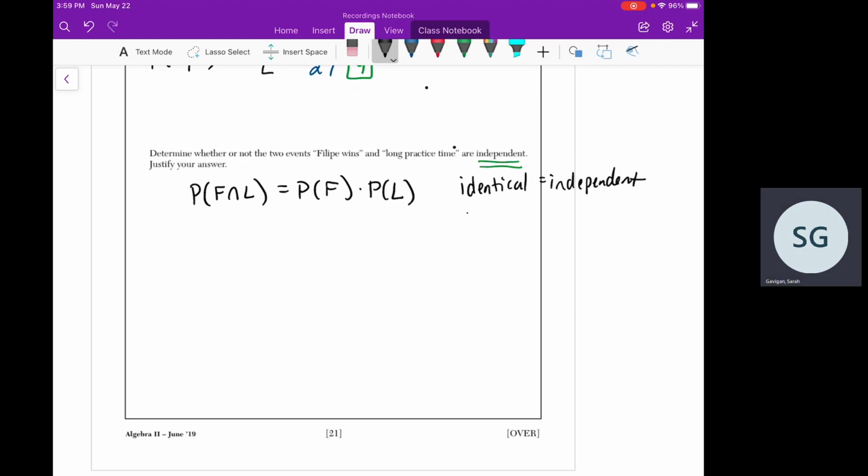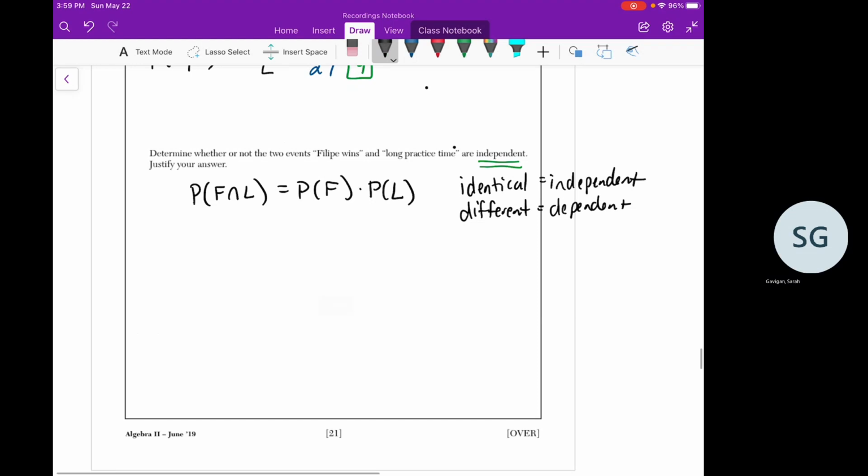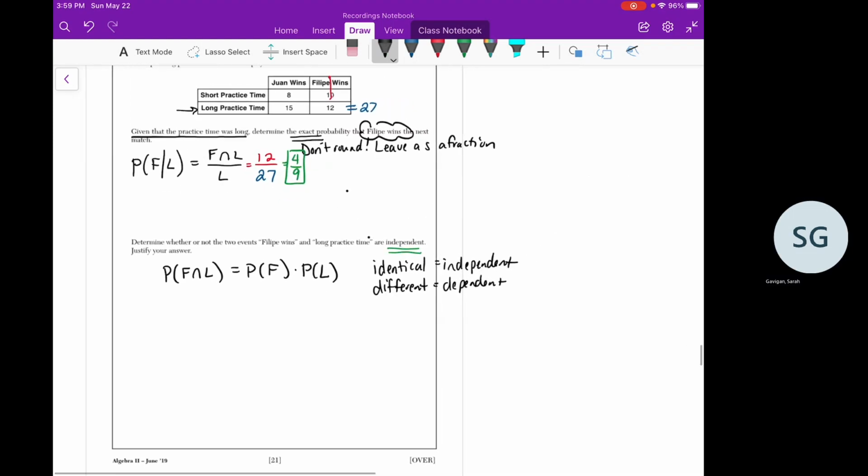If those two probabilities are different from each other, then the events are dependent. So let's determine whether they are independent. The probability of F and L. Okay, so we already know that the number for Felipe and long practice is 12. But we have to figure out the total.